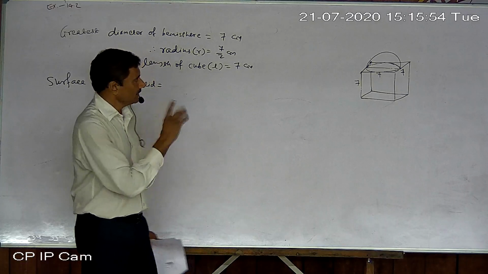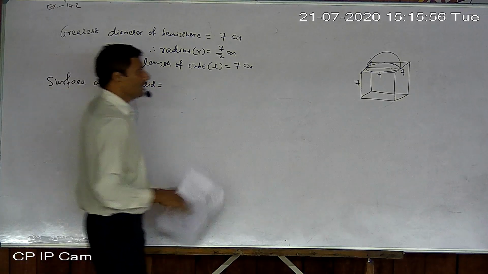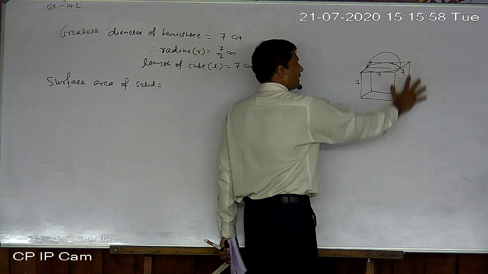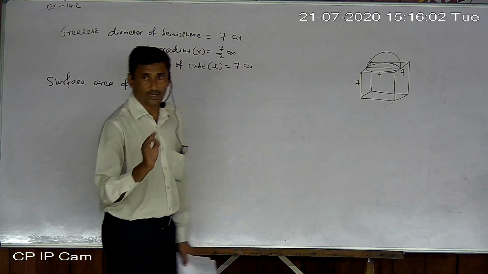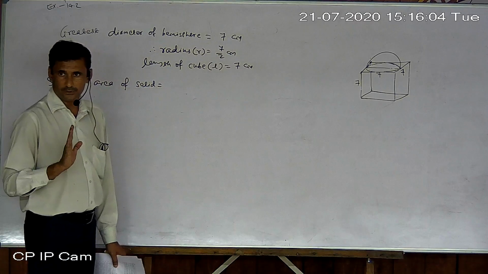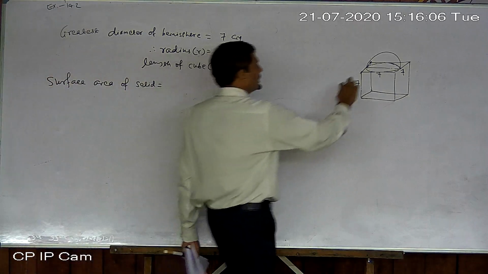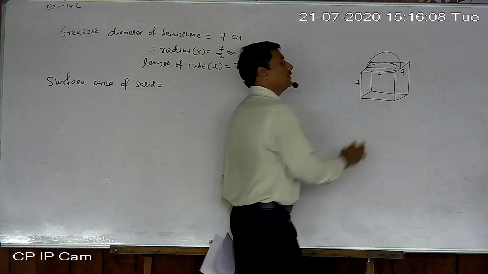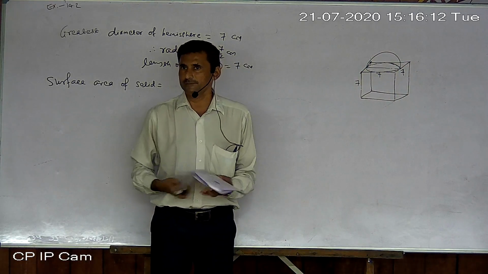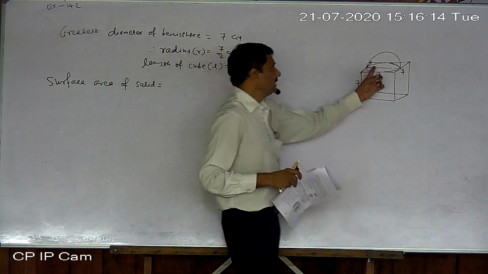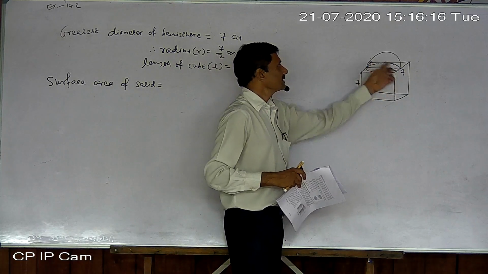So one idea is that we first take the total surface area of the cube, then the curved surface area of the hemisphere, minus the area of the circle.